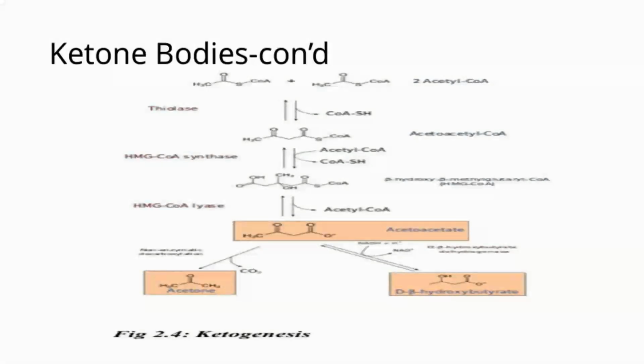This process becomes active when acetyl-CoA levels are high and oxaloacetate is depleted, shifting the liver's metabolism toward ketone production. Once produced, these ketone bodies are released into the bloodstream and transported to other tissues. These tissues, including muscle and the brain, can convert ketone bodies back into acetyl-CoA, which then enters the citric acid cycle to generate energy. This mechanism is crucial during periods of prolonged fasting or carbohydrate restriction because it helps maintain energy supply when glucose is scarce.